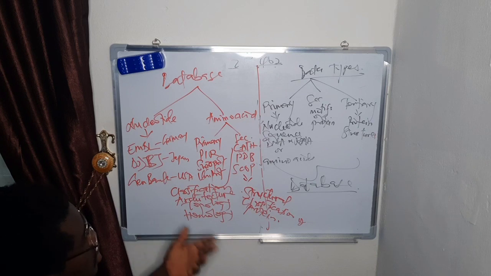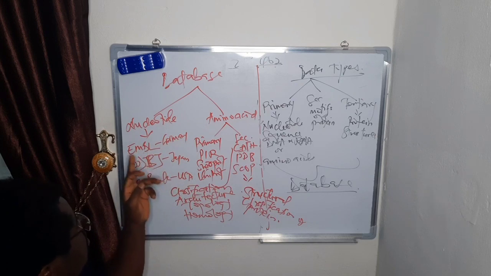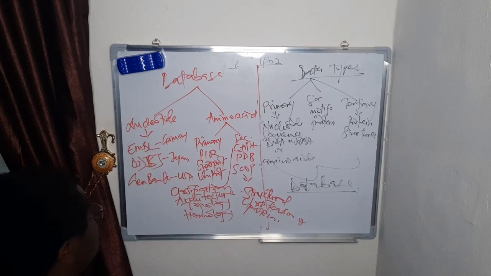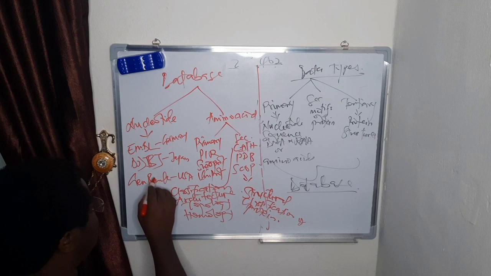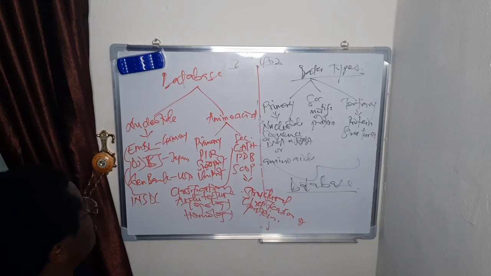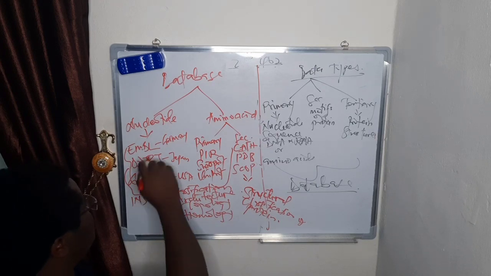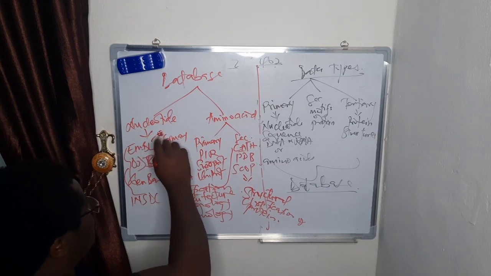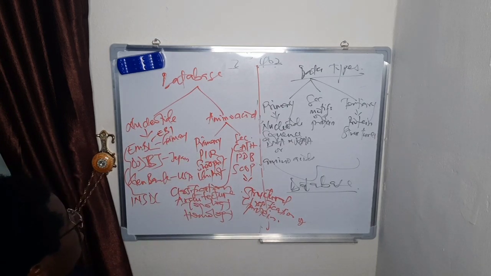That gave rise to computational biology, whereby these came on board: EMBL, DDBJ, and GenBank. I remember these three are housed in INSDC. I think EMBL, they've added EBI also to their acronym.